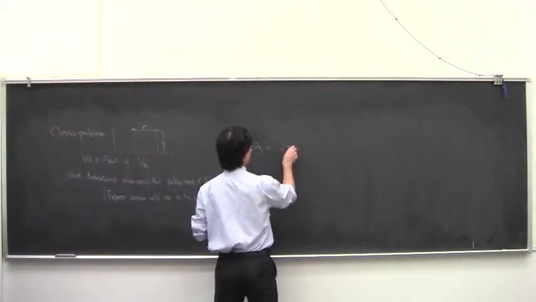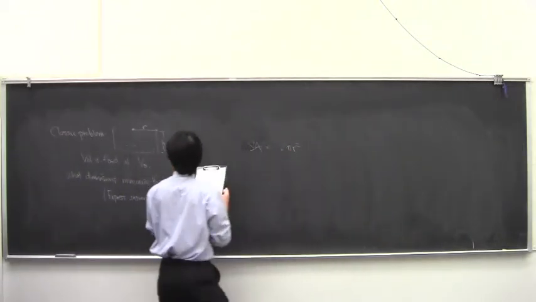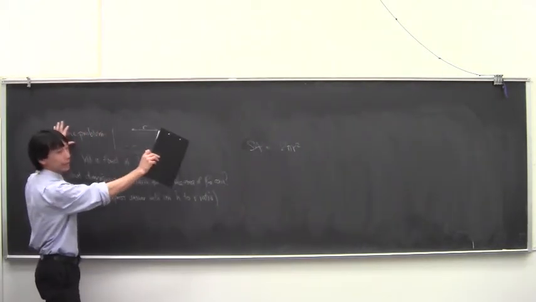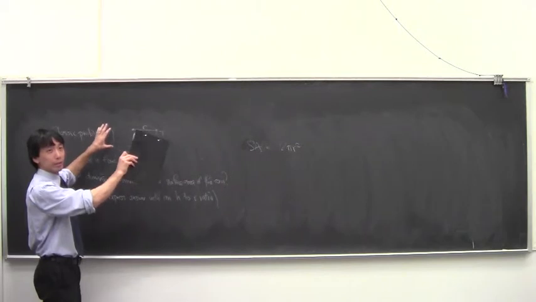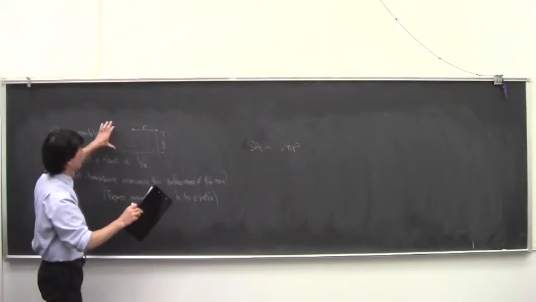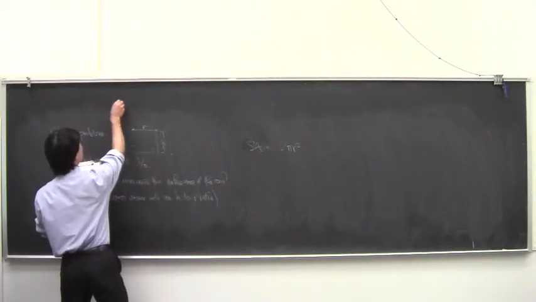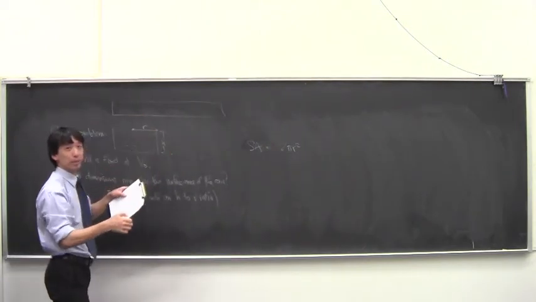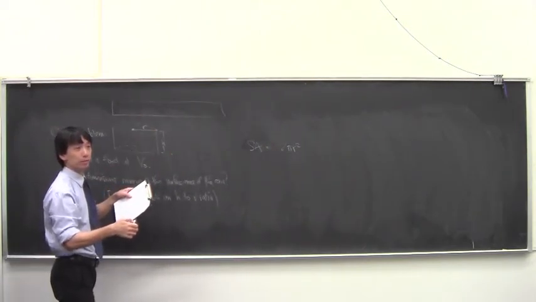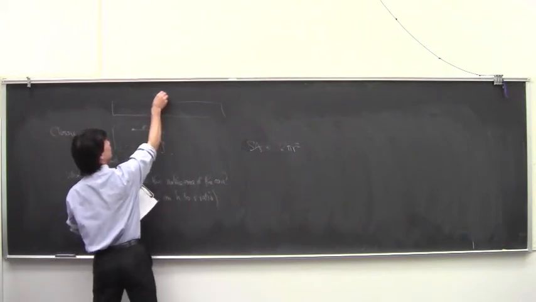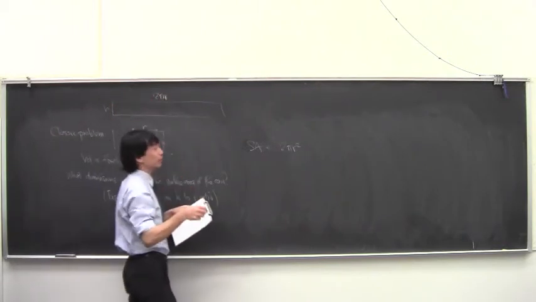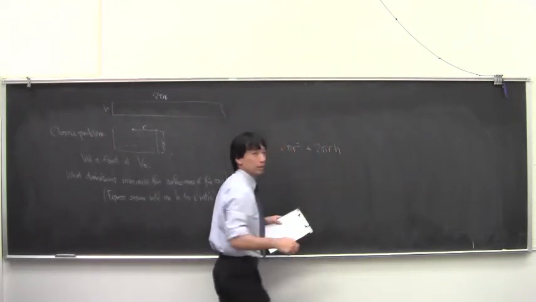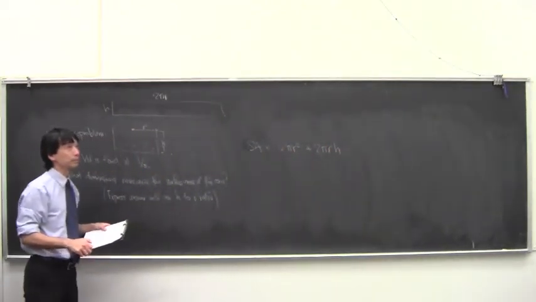Then there's the side, which, if you unrolled it, would make a rectangle of height h, and of length, what? The circumference, 2 pi r. Okay. So you have 2 pi r h. That's your total surface area.